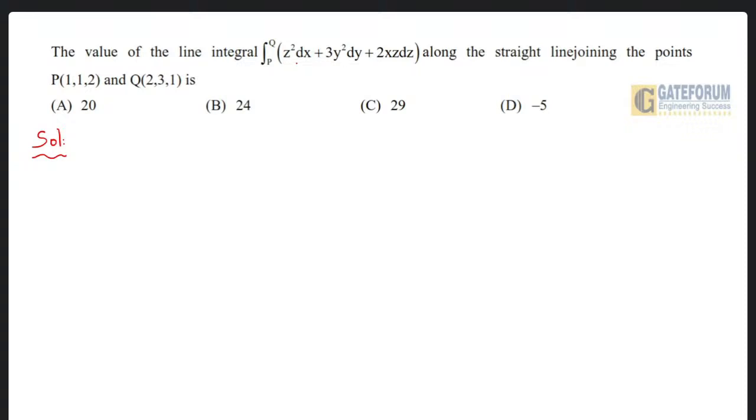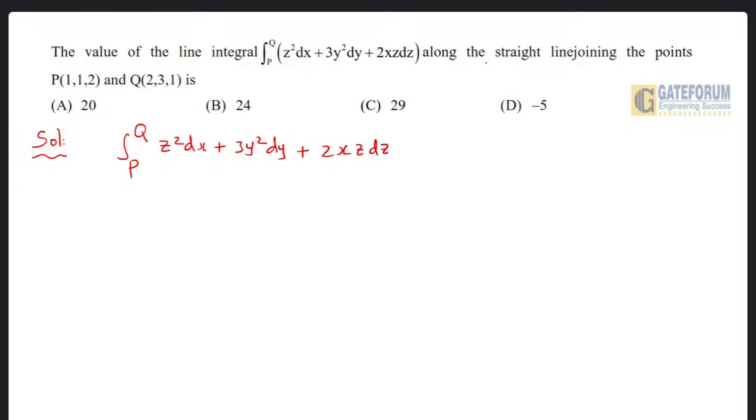Already given in Cartesian form. So express this integrand in variable separable form or exact differential, that is the derivative of some function, or in one-variable terms only depending on the curve equation. So I can write directly this is integral P to Q z square dx plus 3y square dy plus 2xz dz.